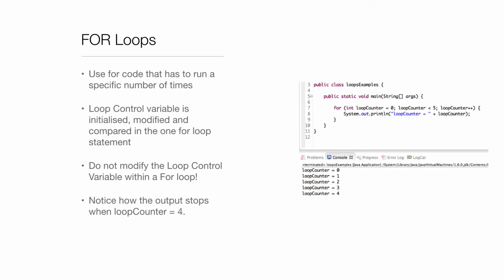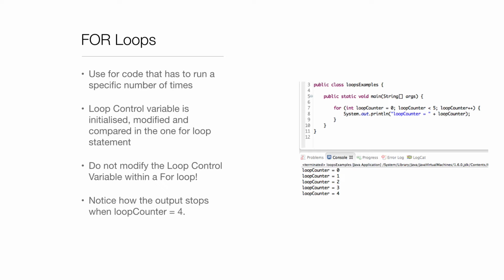So let's have a look at that for a second, because that's an important point where our loop stops. We've got loop counter equals 4. Let's assume we've run system.out.println loop counter equals 4 and it's outputted that to the console.